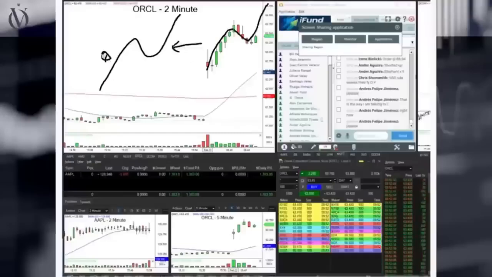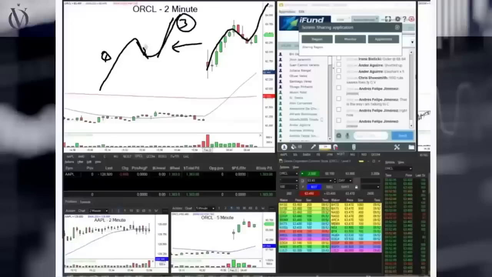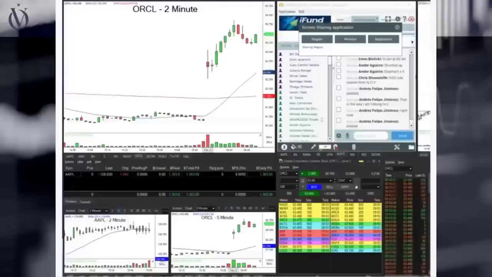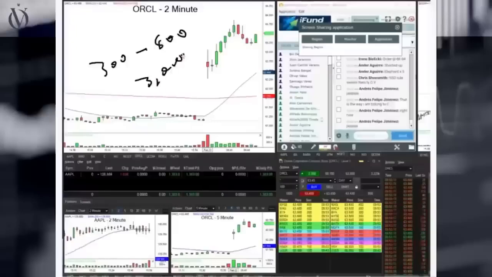Now, this move is made up of three parts, right? Part one, the initial move, part two, the pullback, and part three, the new high, right? So 1, 2, 3. And once you get that, your morning is over. You're done for the day if you want to. I call this the whale. Once you get the whale, you're done. A whale can be $300. If you're at a certain level, it can be $800.